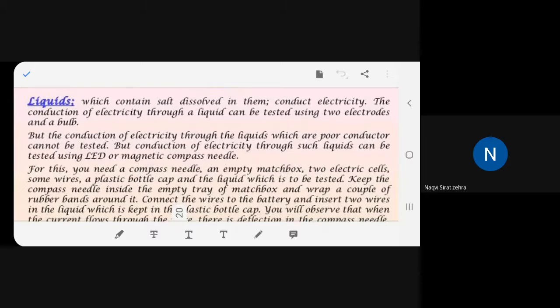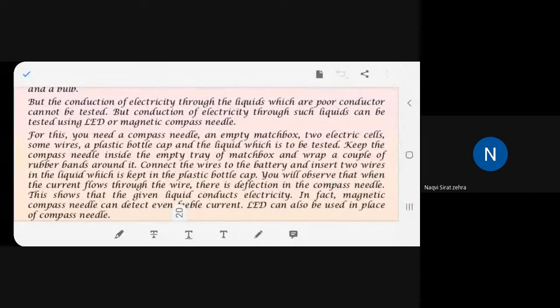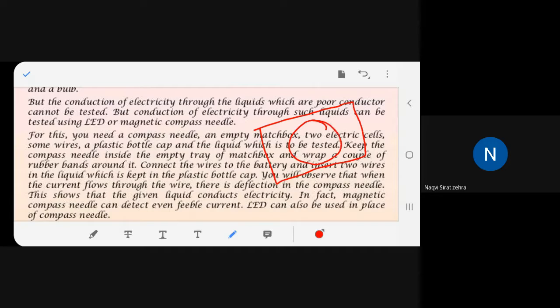We need a compass needle, a matchbox, two electric cells, some wires, a plastic bottle cap, and the liquid that you are taking to be tested. We take a matchbox and put the compass inside it, and it should not move. So we will put rubber bands on top so that it will not move.